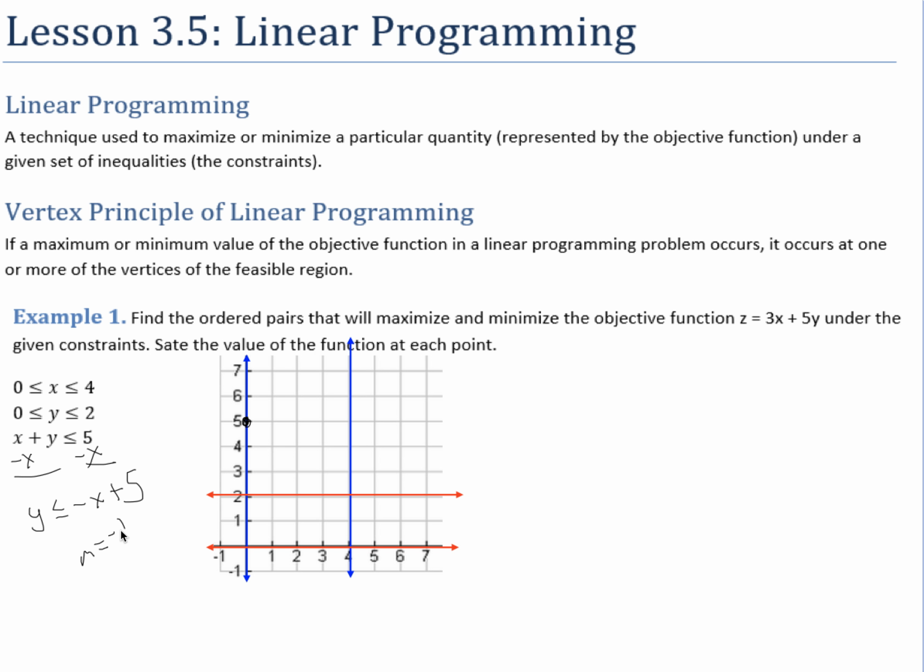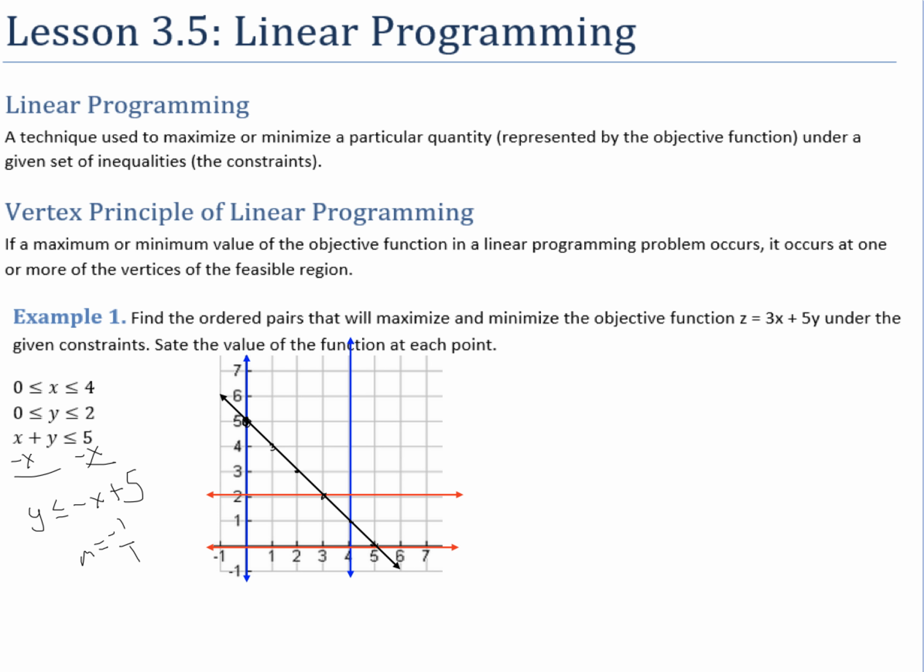So we can think of that as negative 1 over 1. So down 1, right 1, down 1, right 1, and here's the slope. And then we have that line. Again, this is less than or equal to, so we have a solid line. It would look like this.